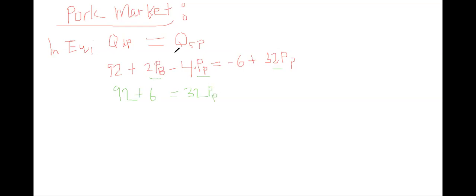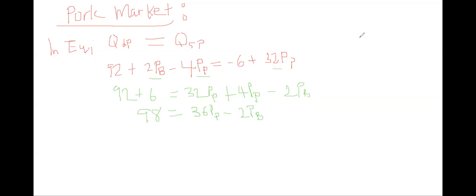This variable is coming here, this will be plus 4 times the price of pork. This is plus, then it will change to minus, minus the price of beef. So this plus this should give you 98 equals to, the price of pork terms are like terms, we can add them, then we'll have 36 times the price of pork minus 2 times the price of beef.